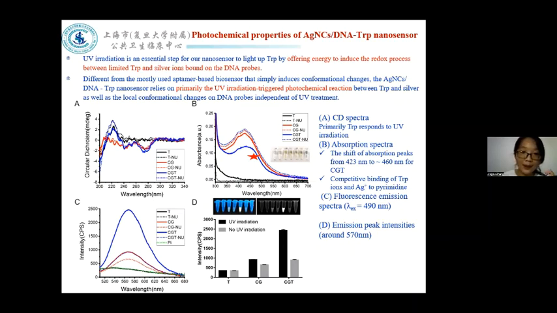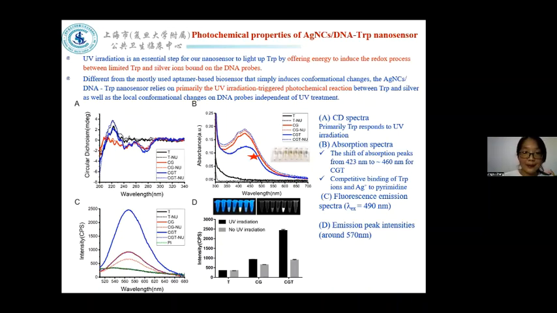And from the decrease of the absorbance, we can deduce that there may be competitive binding of tryptophan ions and silver ions to pyrimidine.